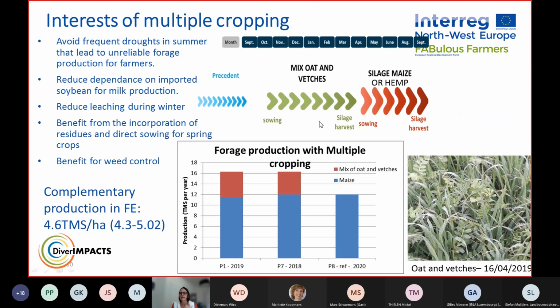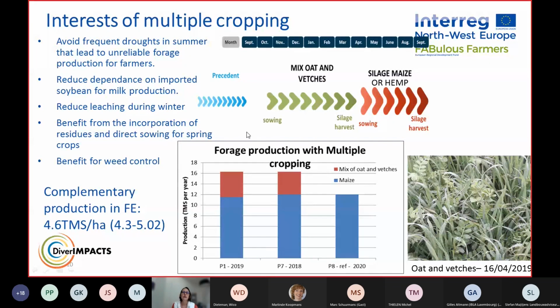That is harvested as silage just before the spring crop, and silage maize, for example, is sown direct in the mix residues.